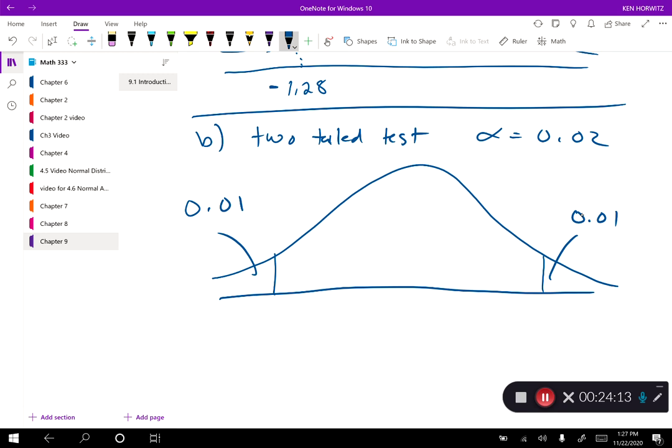Now I need to look on the table for my area to the left. That area I'm looking up is going to be 0.99, because I have 0.98 left in the middle, so it's 0.98 plus 0.01, 0.99. And I want to get both values. So why don't you take a moment, pause the video, look up the values, and come back and we'll talk about it.